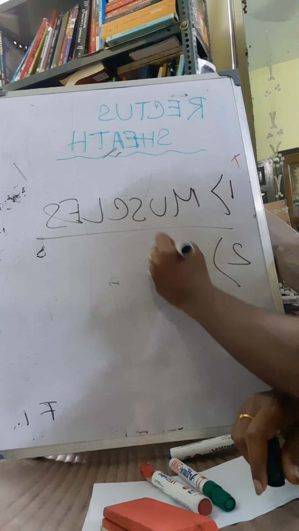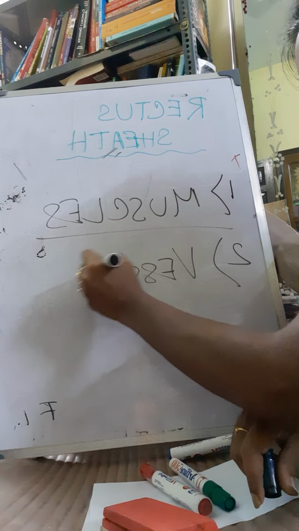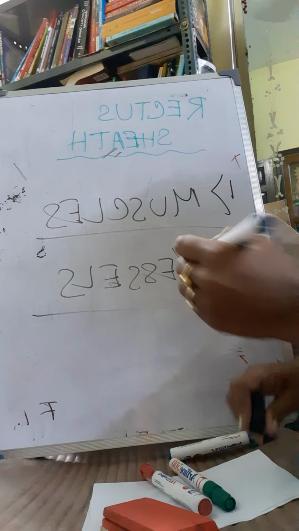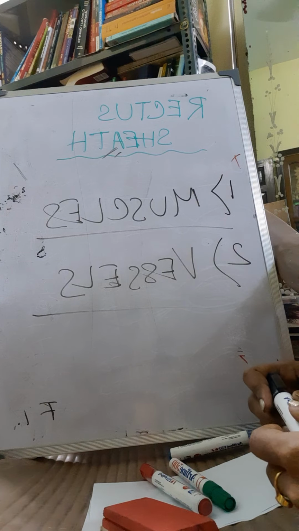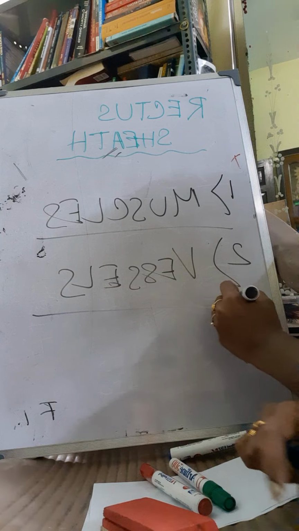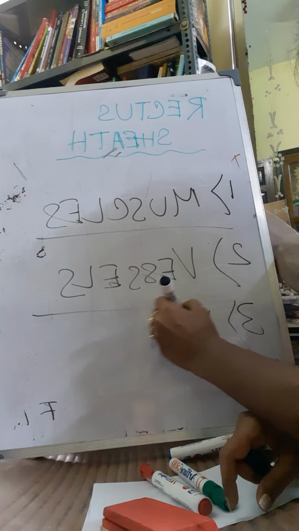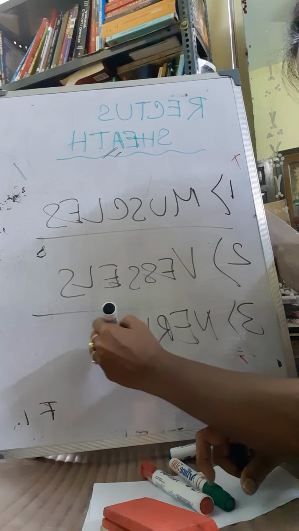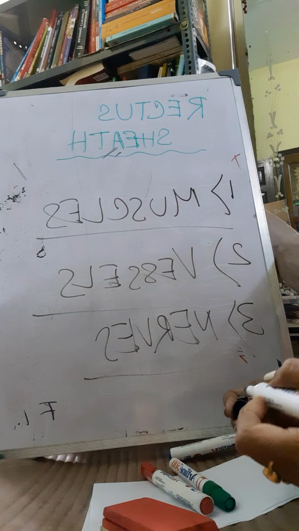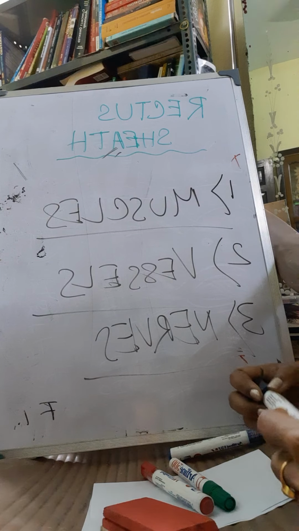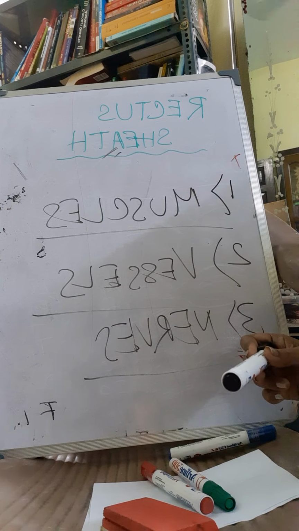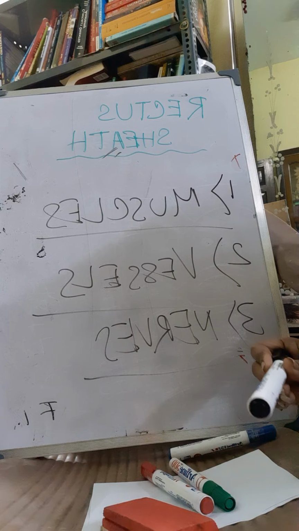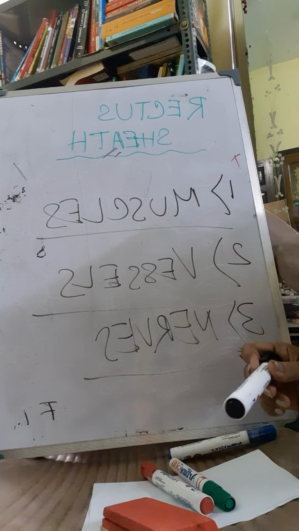Number 2, vessels. What are the vessels? Inferior epigastric and superior epigastric. And third one, nerves. What are the nerves? These are lower 5 intercostal nerves and the subcostal nerves. Clear? So, these are the contents of rectus sheath.